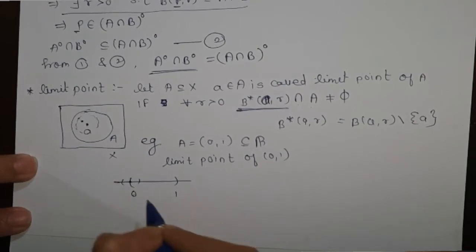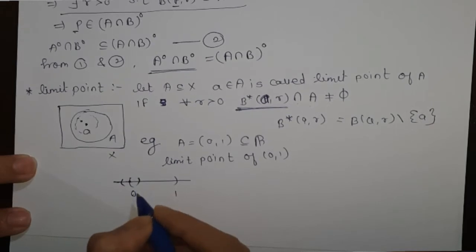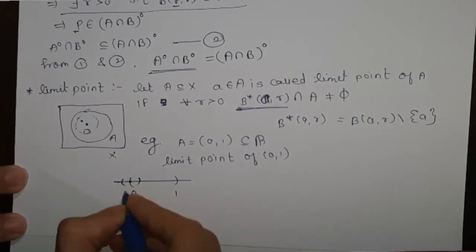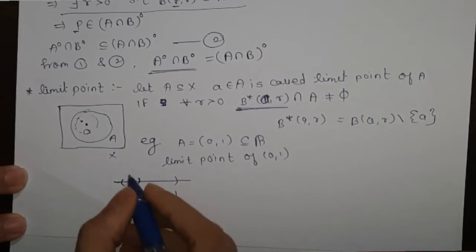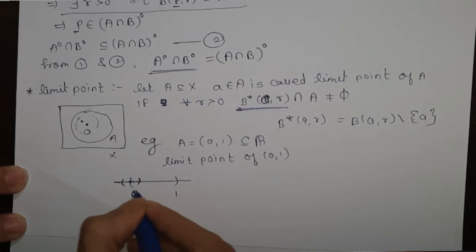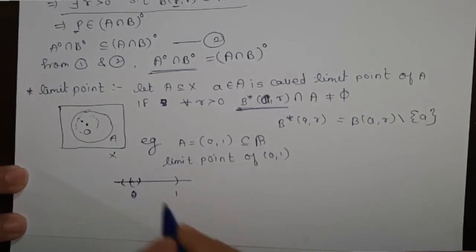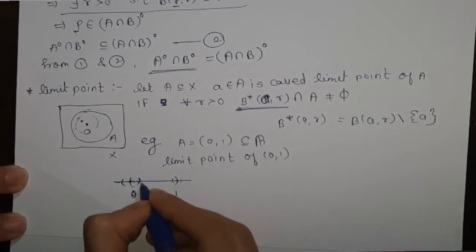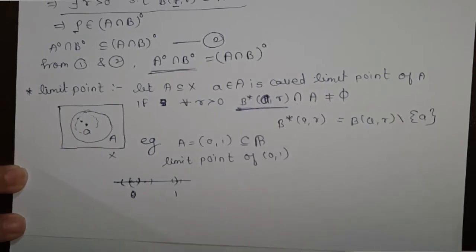Here 0 is equal to a. I am taking a ball around it, a neighborhood of this. Then after removing this 0, I am getting points in this set. This means 0 is also a limit point. Similarly for 1, and the points in between 0 and 1 are also limit points.